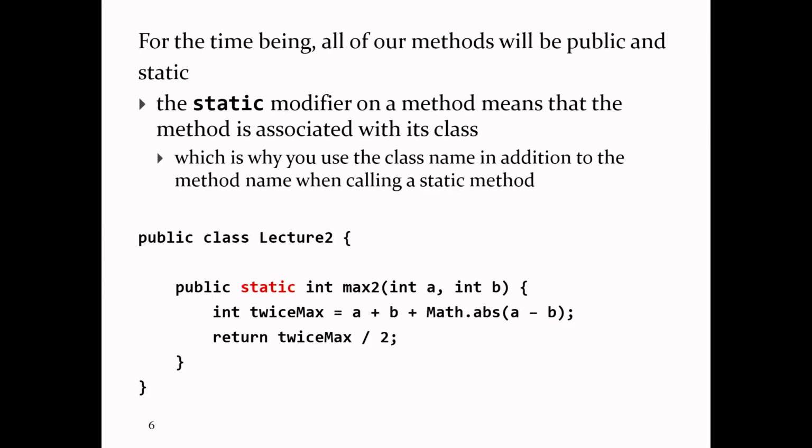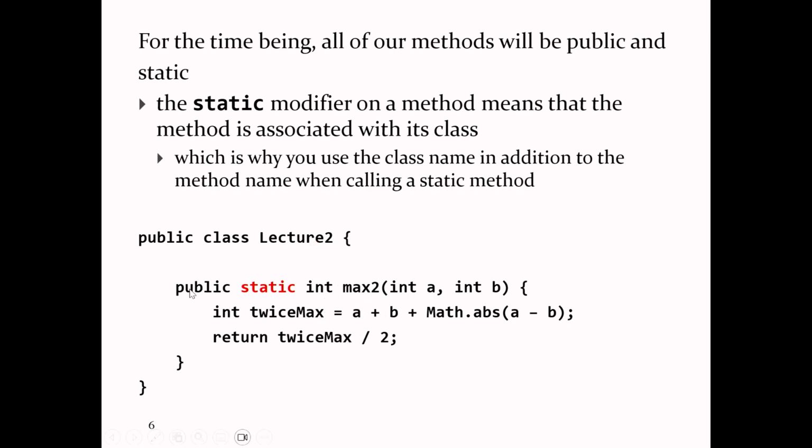And finally, there's this static word, which means something very different than what it means in C. A static method in Java is a method that is associated with the class. So static int max2 says that the method max2 belongs to the class lecture2, and when you call the method, you always use the class name in front of the method, so lecture2.max2.